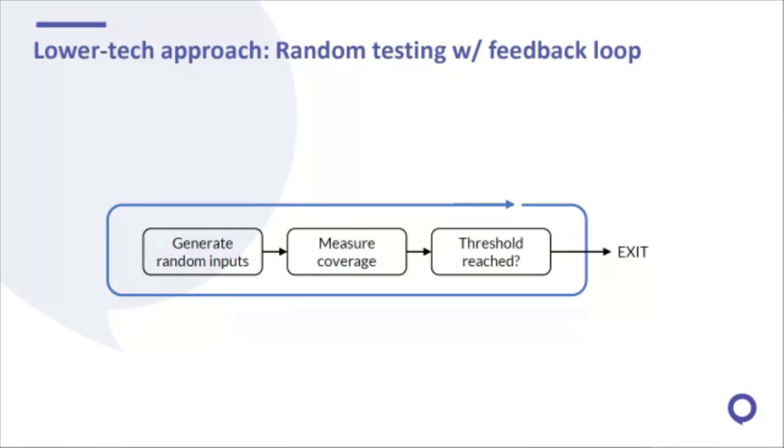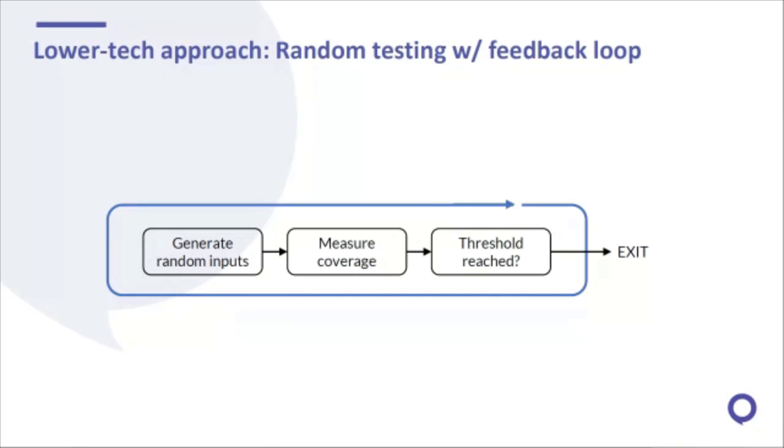You execute the software unit under test. You measure the coverage to see if you exercised the software unit under test to an extent that is acceptable for your application. And you ask yourself, is a threshold reached?